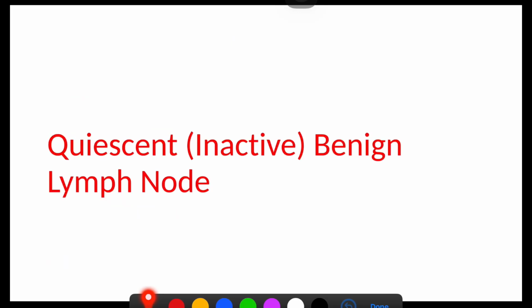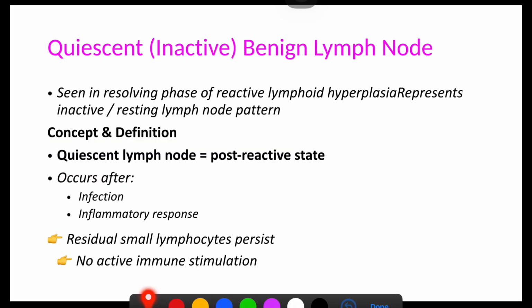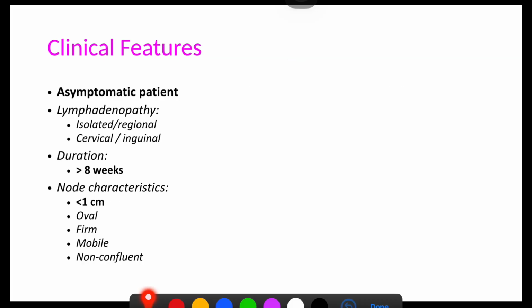First of all, let us see inactive or quiescent benign reactive lymph node. It is seen in the resolving phase of reactive lymphoid hyperplasia and represents an inactive or resting lymph node pattern. It is generally a post-reactive state, occurring after infection or inflammatory response, where residual small lymphocytes persist and there is no acute immune stimulation.